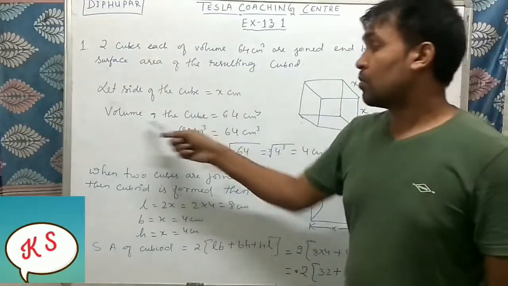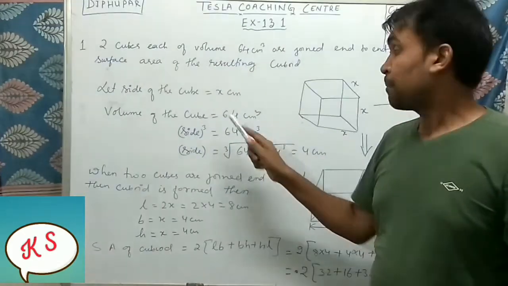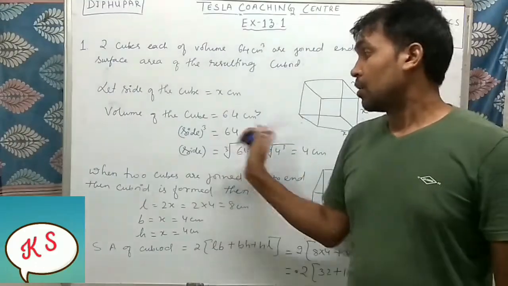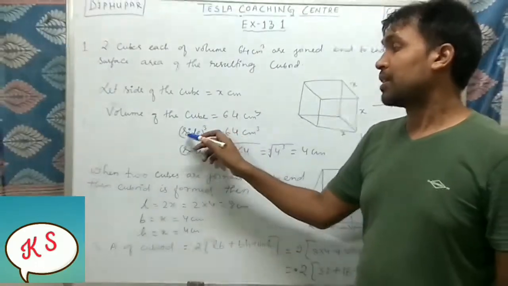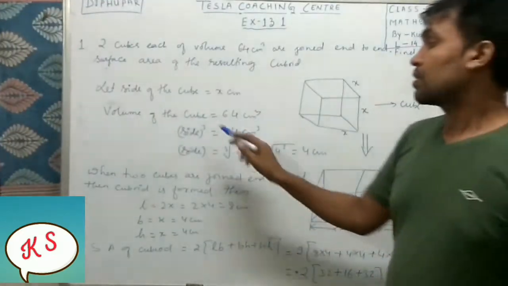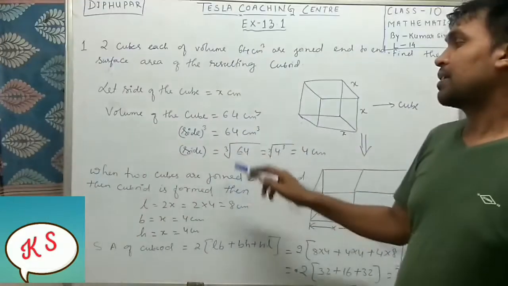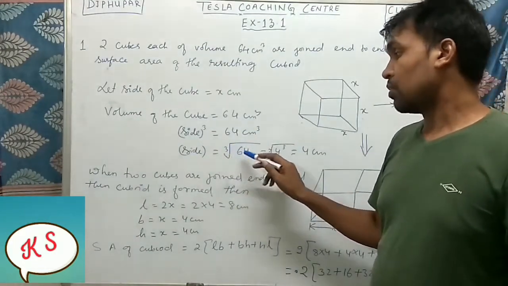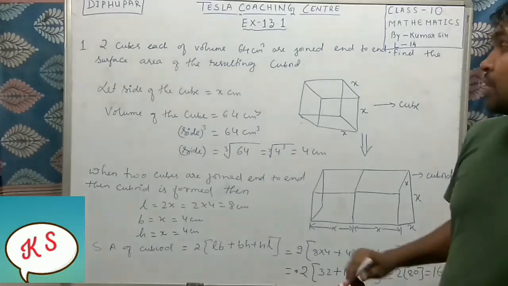Now the volume of the cube will be equal to how much? 64 centimeter cube. Now the volume of the cube formula is what? Side cube equal to 64 centimeter cube. So this cube, if I shift it this side, it will become cube root. So x equals cube root of 64.